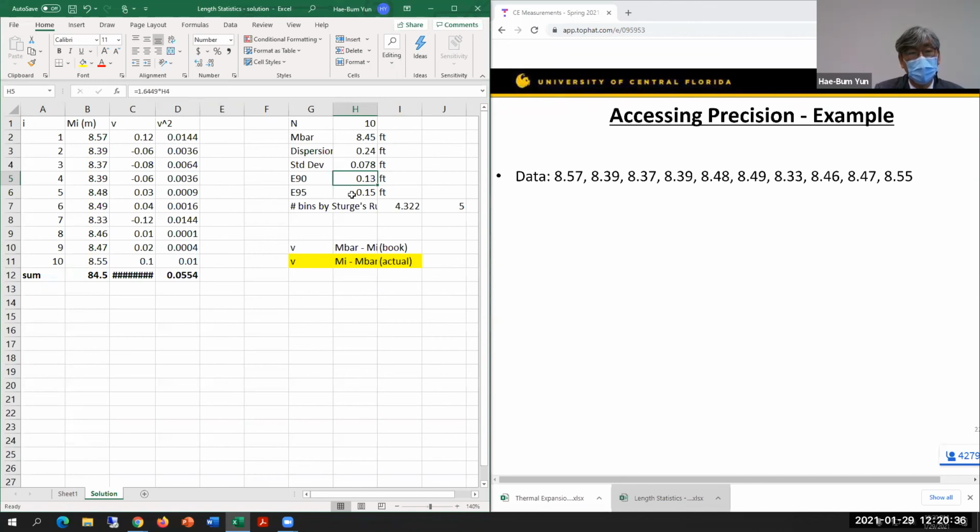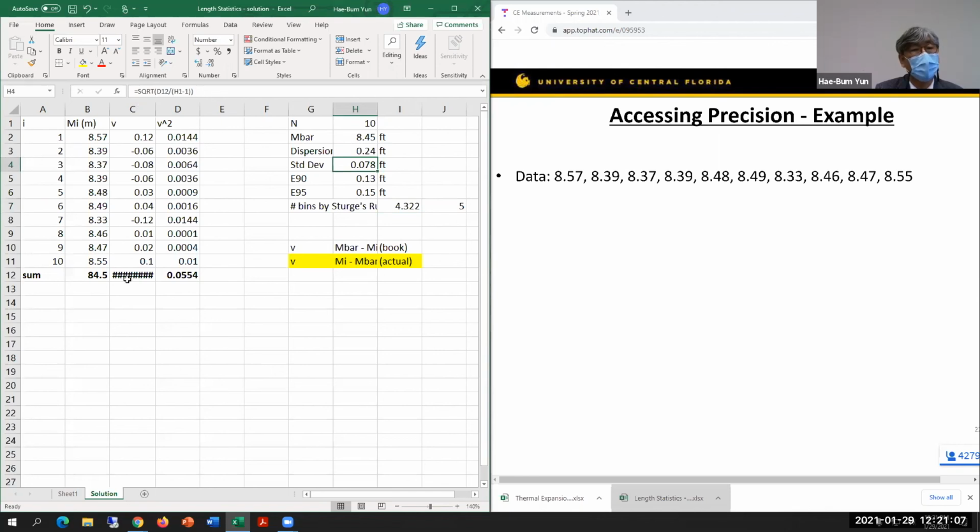And E95 can be calculated as 1.9599 times standard deviation. And number of bins can be calculated as 1 plus 3.322 log 10 times 10. Let's see.